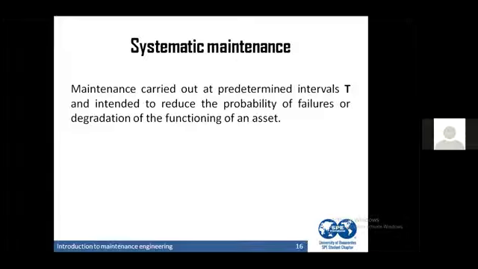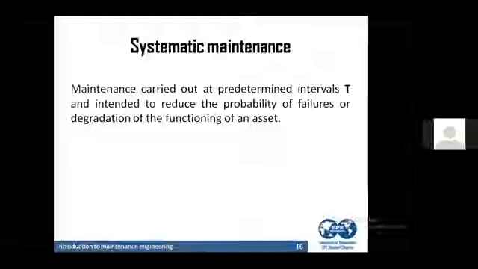We said before that in the case of preventive maintenance, we have two different types, according to the definition. There is a maintenance that's done at a predetermined interval of time, which is systematic maintenance, and the other is depending on a predetermined criteria that we will see later on.